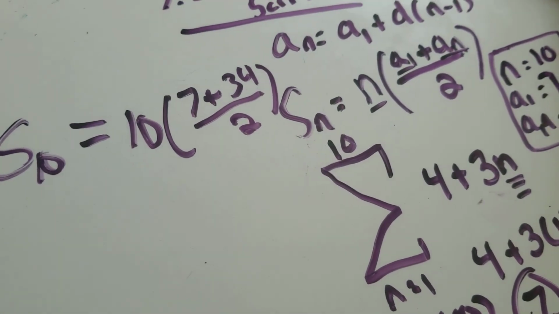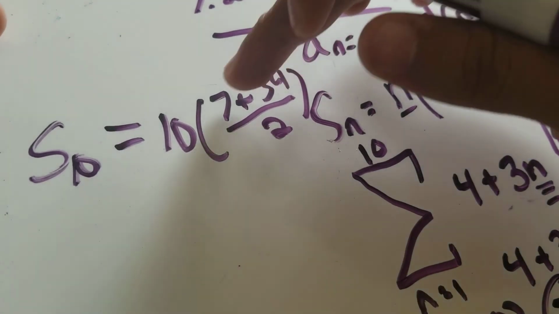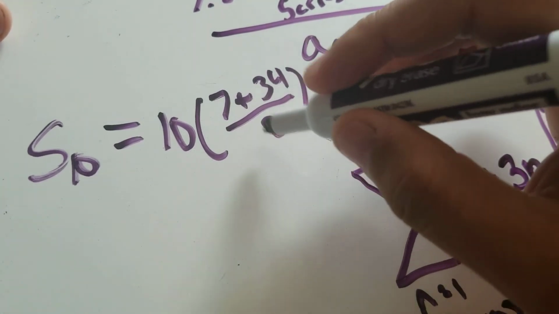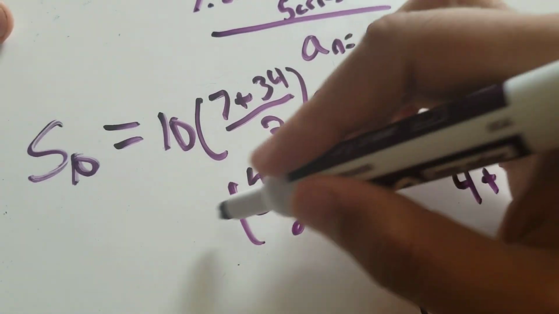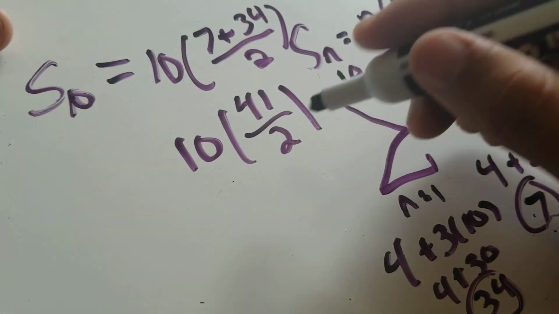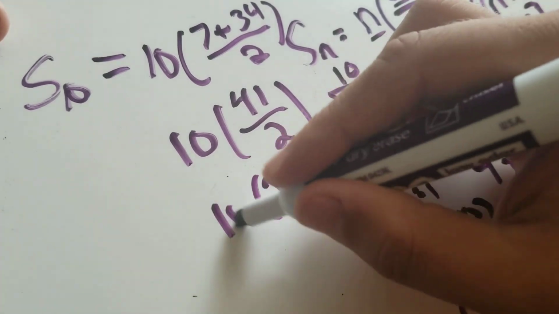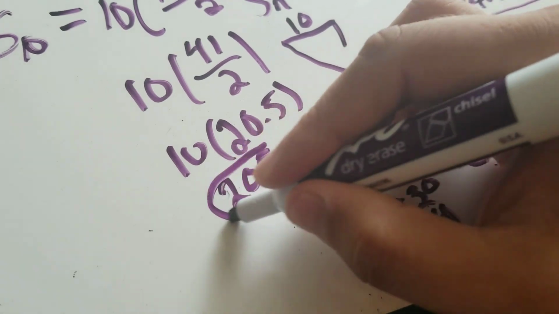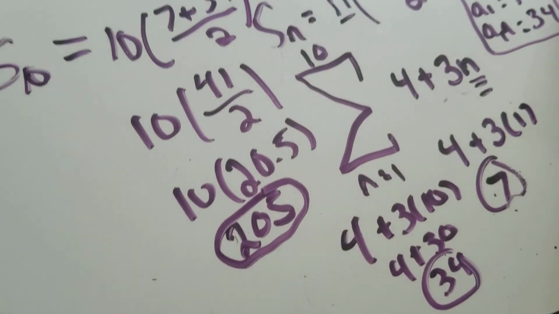Now we're just going to do some simple, this is not technically algebra, this is just straight PEMDAS stuff. So we're going to add the top of the fraction first. 7 plus 34 is 41. 41 divided by 2, and again, if you have a calculator, you could do this all in calculator, is 20.5. And then 10 times 20.5 is 205. So your answer in this one is 205, okay?